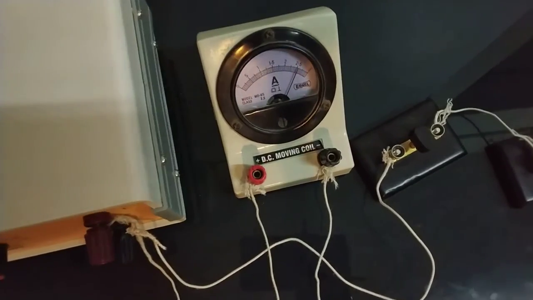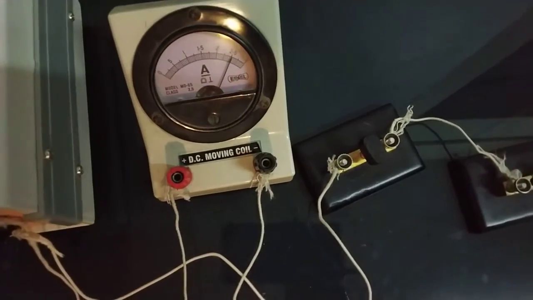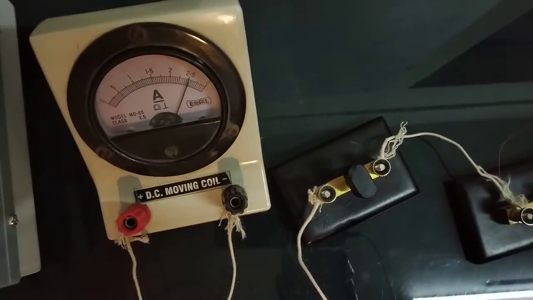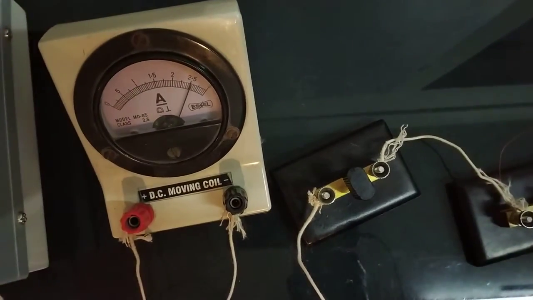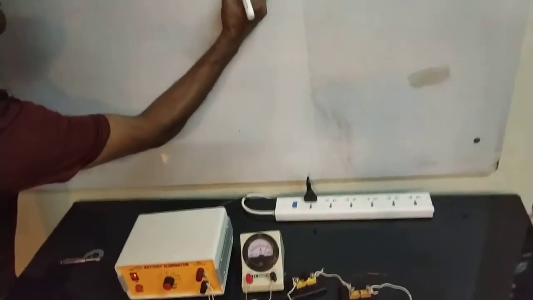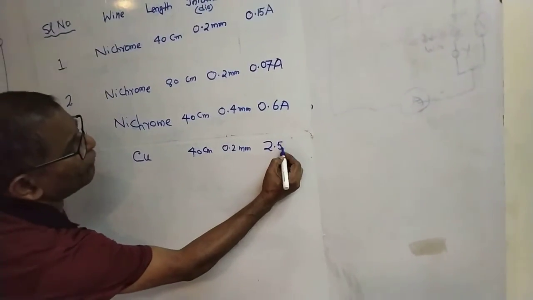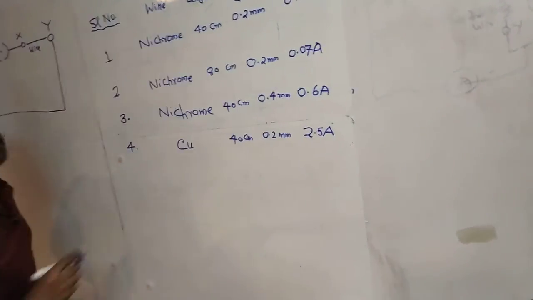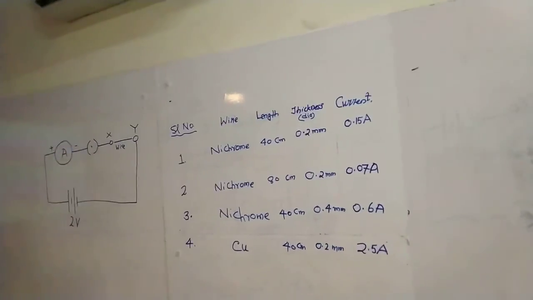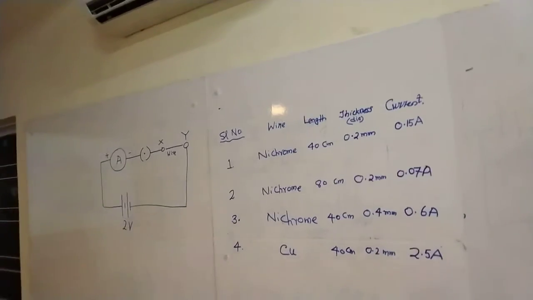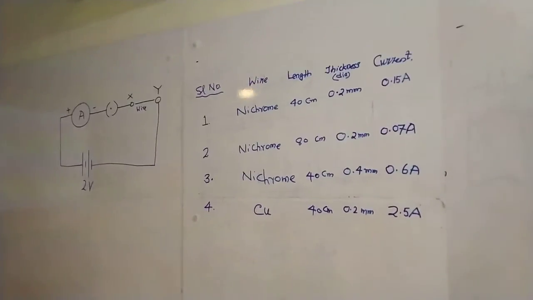So the current has jumped from 0.15 ampere to 2.5 ampere when we use a copper wire. So here the current is 2.5 ampere.